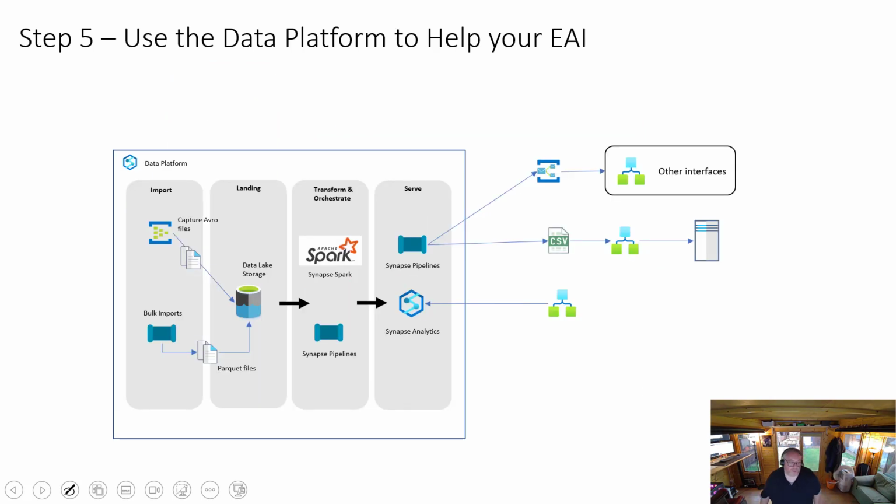Now, all of that we've built up so far means we've now got our data here, and because we've got this centralized data repository cross-application, in addition to reactive interfaces and messaging-based interfaces that we looked at a couple of slides ago, we can also start building interfaces that drive from the data in our data platform.